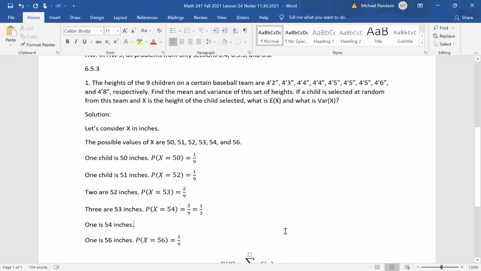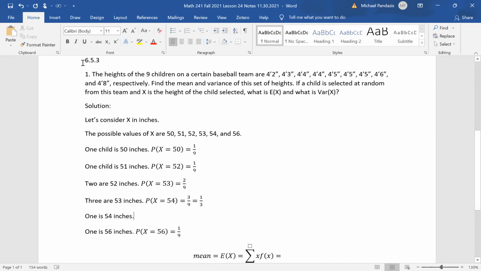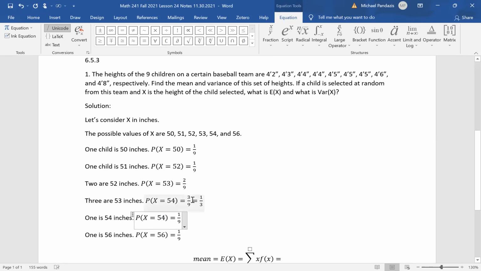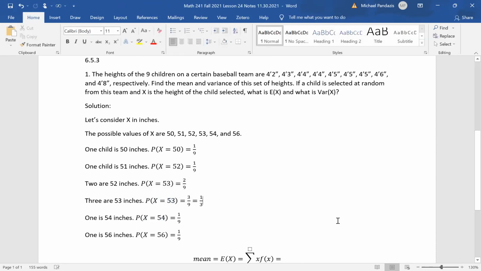And then 1 is 56 inches. That's 48. Good. Okay, so then the probability that X is equal to 54 is 1/9. Probability X equals 53 is 3/9, which is 1/3. Okay, does that make sense so far?